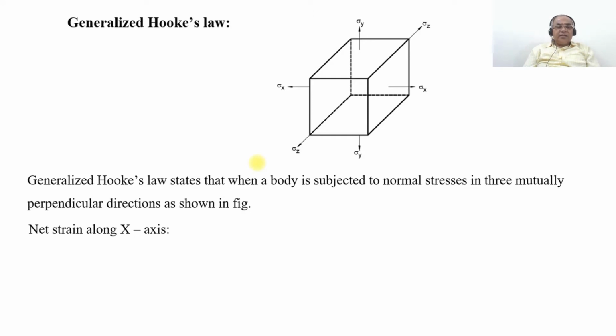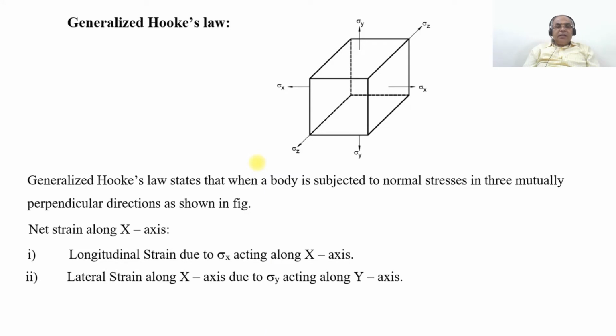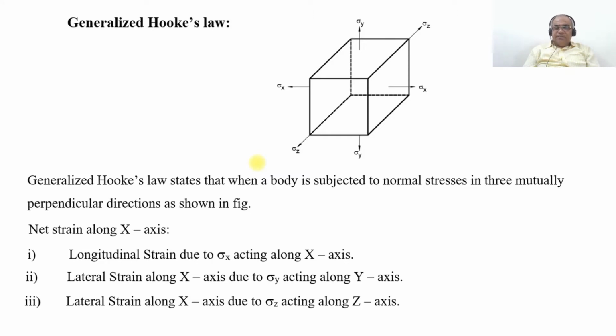Net strain along x axis will be equal to the longitudinal strain due to sigma x acting along x direction, then the lateral strain along x axis due to sigma y acting in y direction, and the lateral strain along x axis due to sigma z acting along z axis.